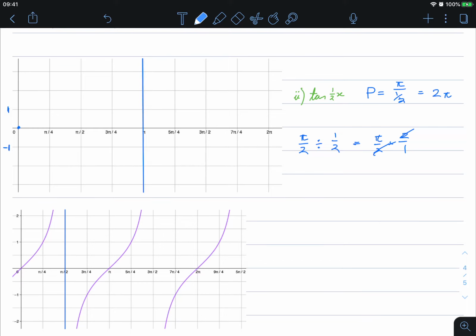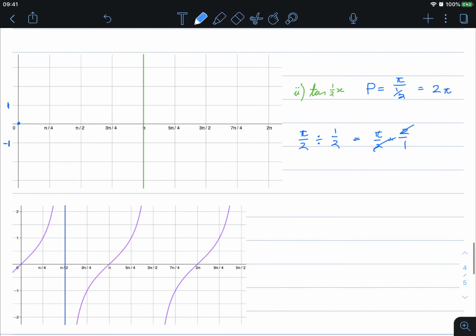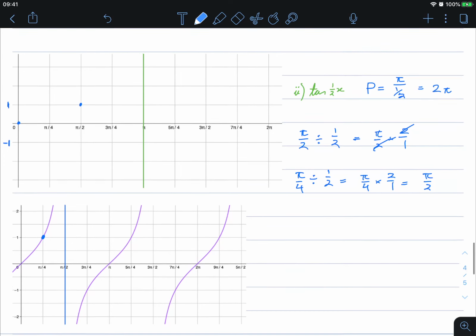So our asymptote is going to be here. Let's make it green. Let's find this 1 value. This 1 value is originally at pi on 4. We're going to divide this by half, which is the same as pi on 4 times 2 on 1, which is pi on 2. So this 1 value, which is originally here, is now going to be here.